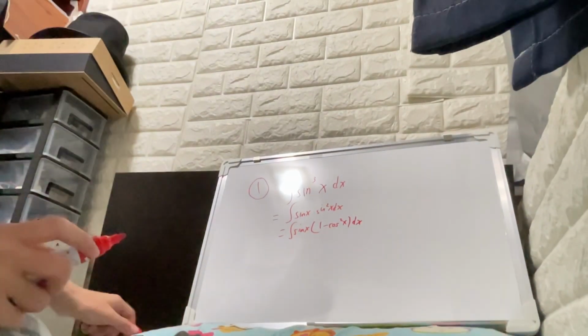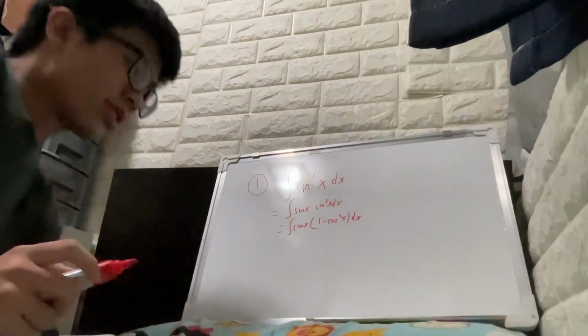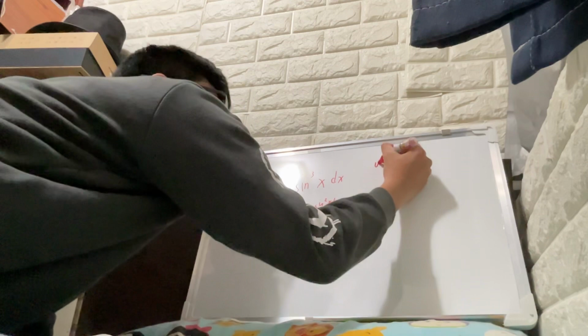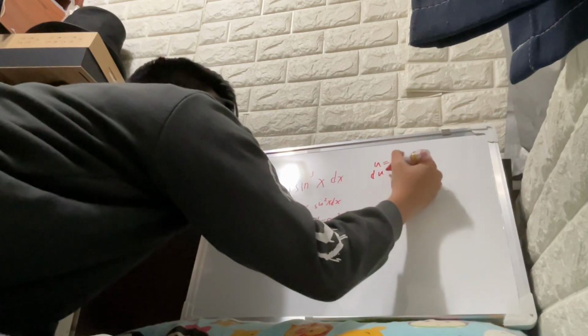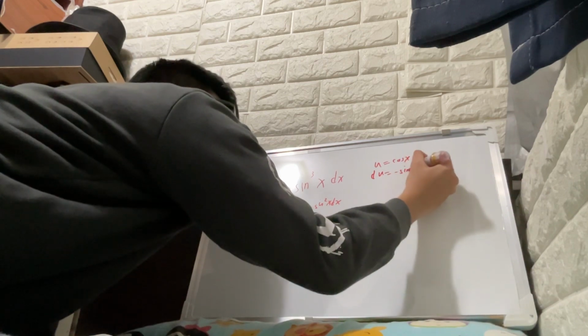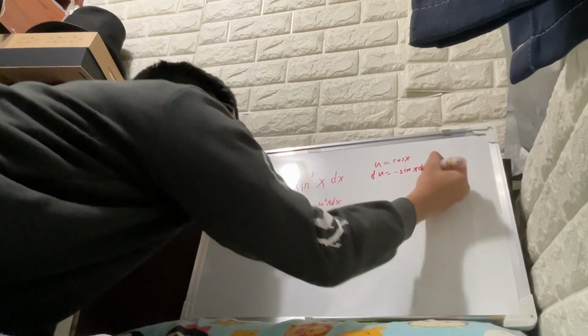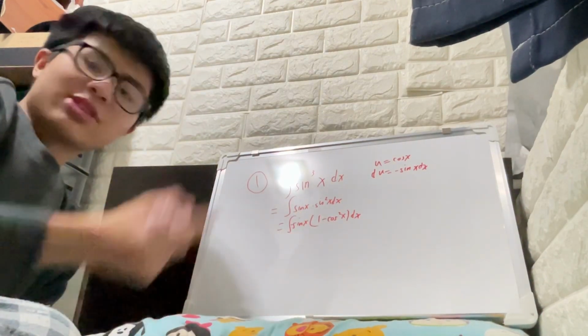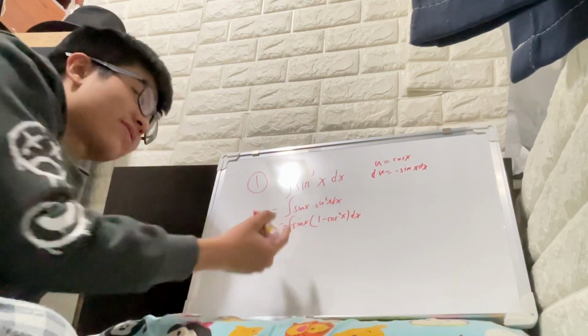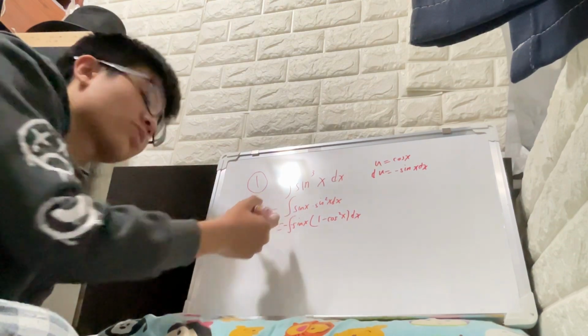What I'm going to do next is use substitution. We let u equal cosine x, and then du is equal to negative sine x dx, right? So you can put a negative here, but don't forget to add another negative here because it will change the whole thing if we don't do that.